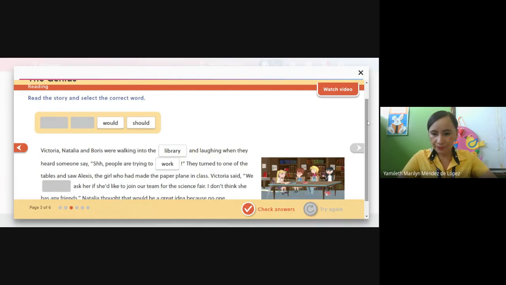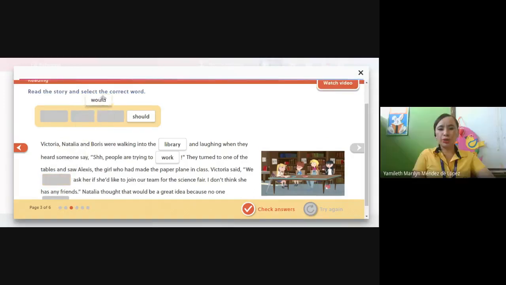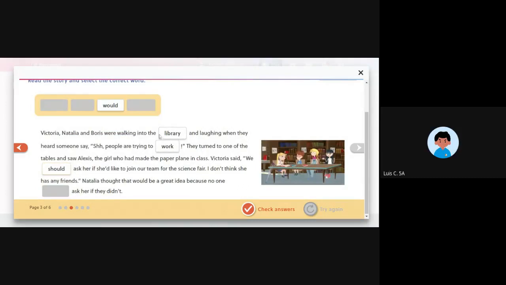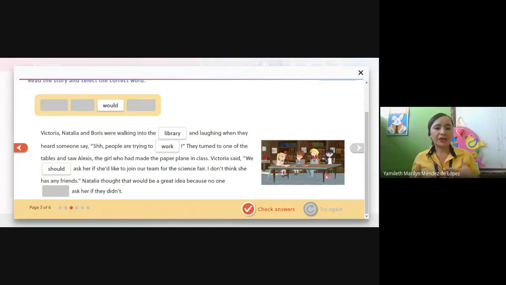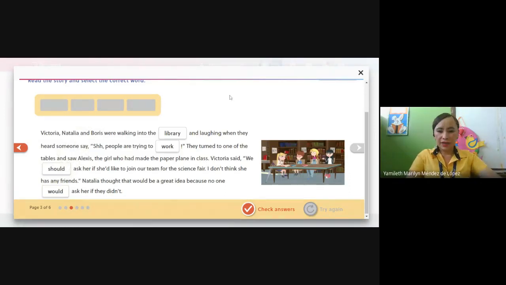Victoria said, "We should ask her if she'd like to join our team for the science fair. I don't think she has any friends." Natalia thought that would be a great idea because no one had asked her if they didn't. Check the answers.